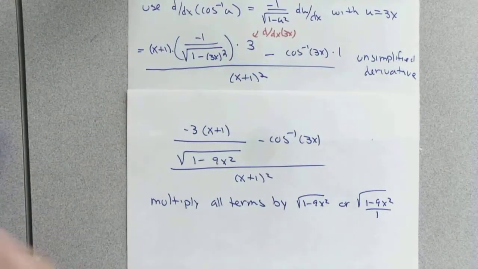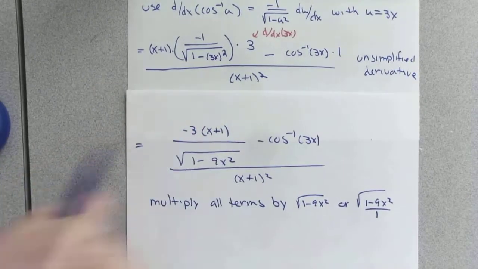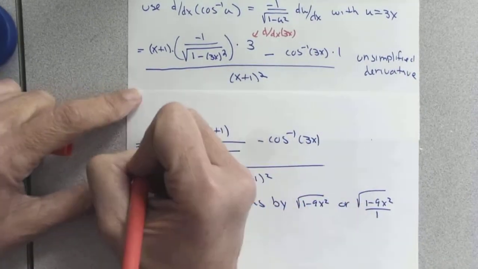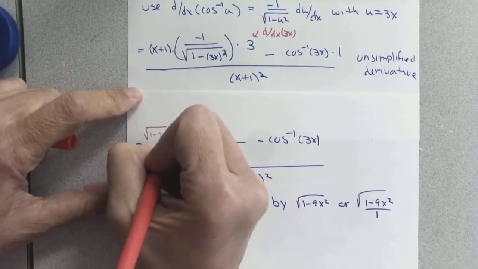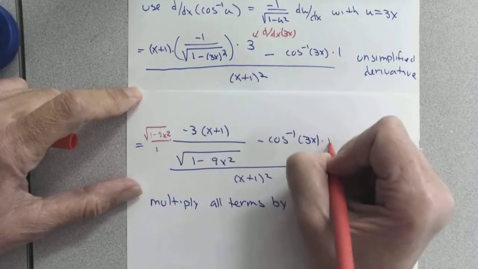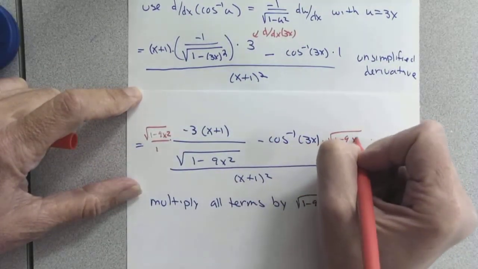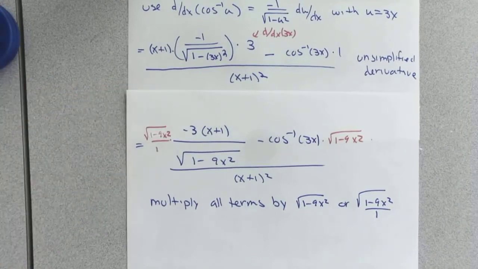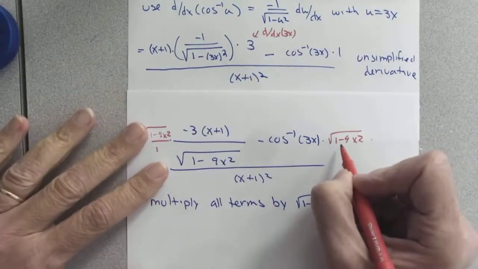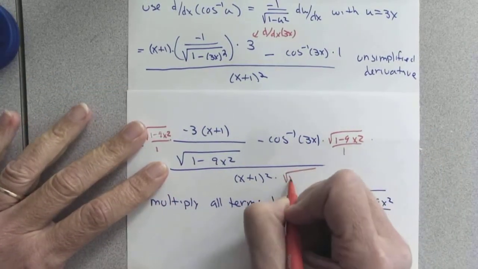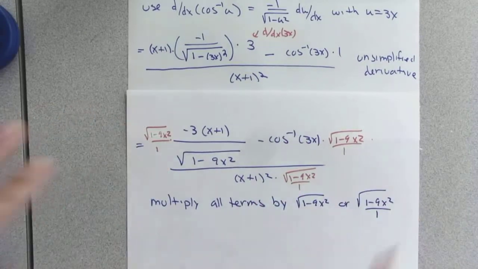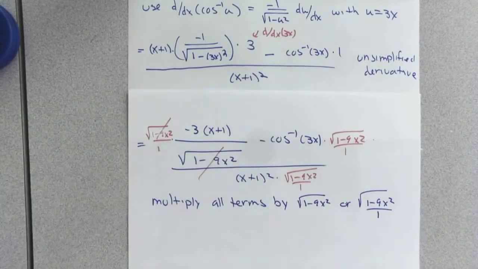Move my equal sign a little bit. So doing that, the square root of 1 minus 9x squared over 1 times the square root of 1 minus 9x squared over 1 has the effect of killing off that fraction, which is what I wanted.